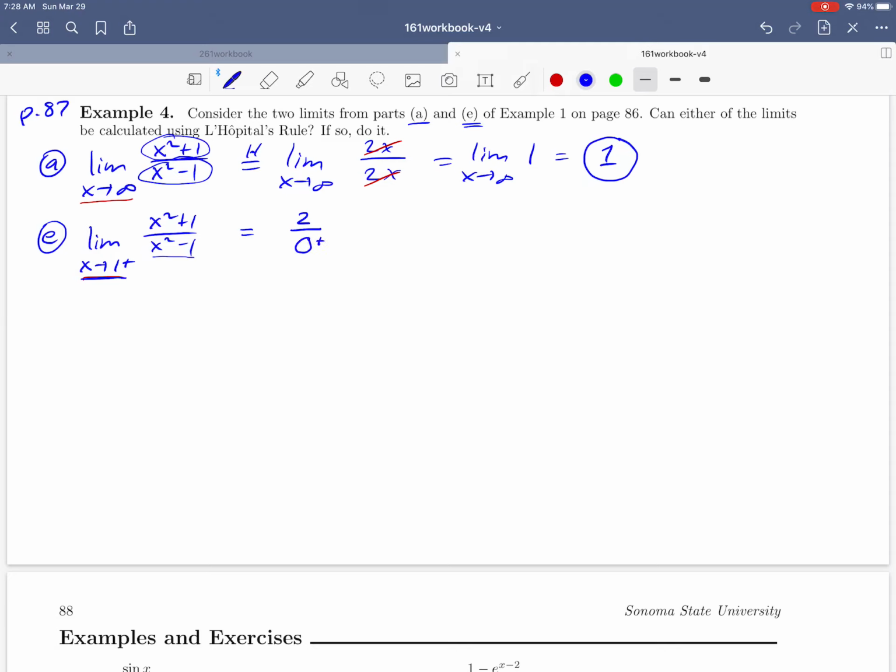Since x is approaching 1 from the right, we're talking about x values that are a little bit bigger than 1, which means that our denominator is going to be a little bit bigger than 0. I'm going to write that as 0 plus. In words, we would say 2 divided by very small positive numbers.